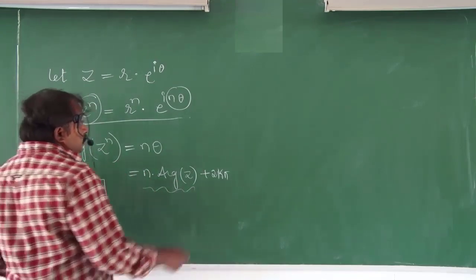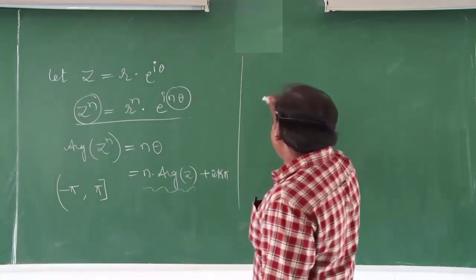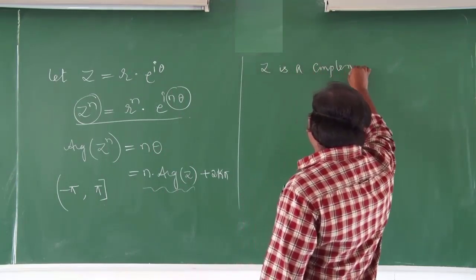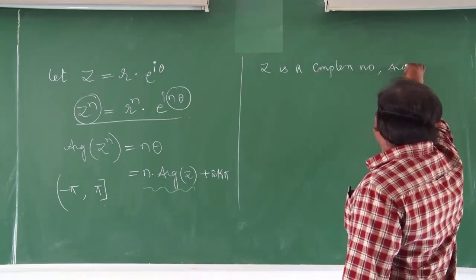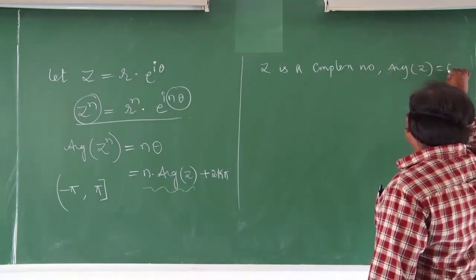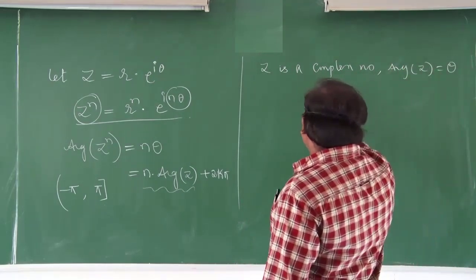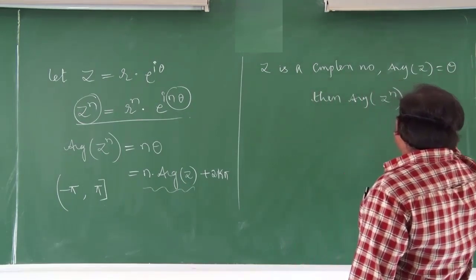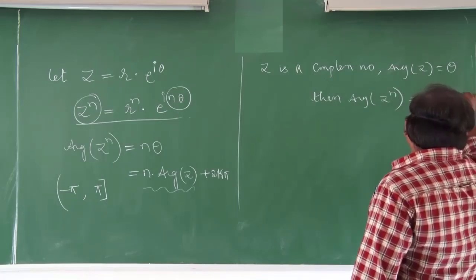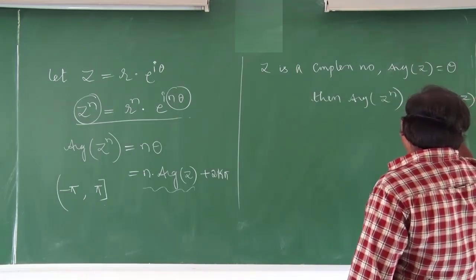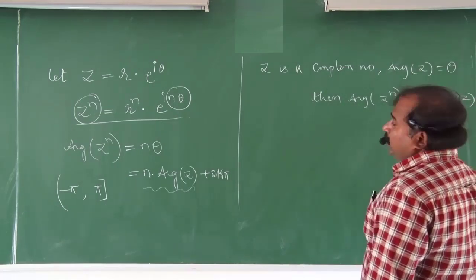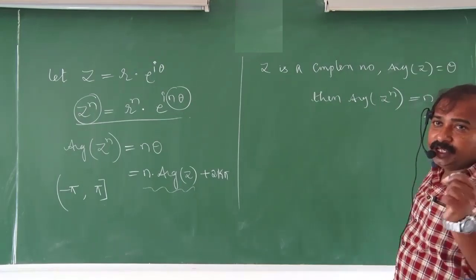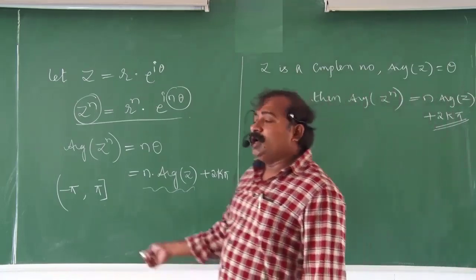So here the formula is, if Z is a complex number with argument of Z equal to theta, then argument of Z power n is n into argument of Z plus 2k pi. Why I am writing this is to keep the argument in the principal region.